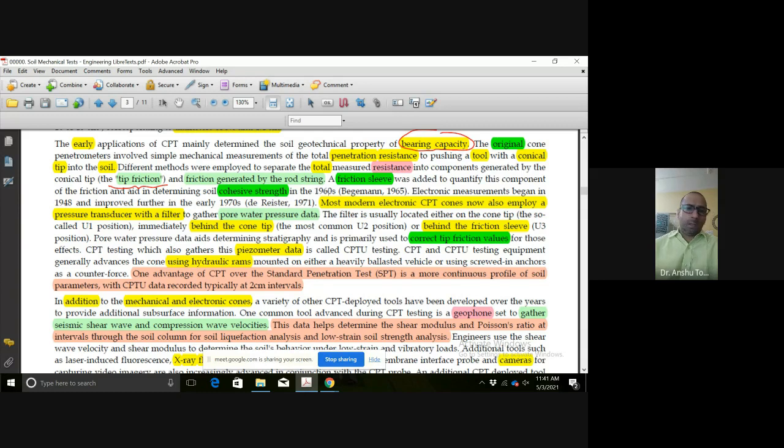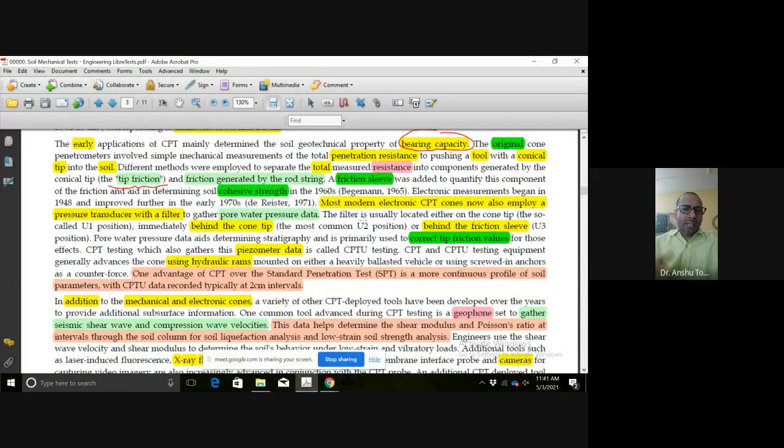Since the first quarter of the 20th century, arrangements have been added subsequently over the timeline. In the 1960s, the sleeve was added to the CPT to find out the cohesive strength. When the sleeve is added, you can quantify the two friction resistances of the soil sample, and after quantifying the friction resistance you can find out the cohesive strength of the soil sample.